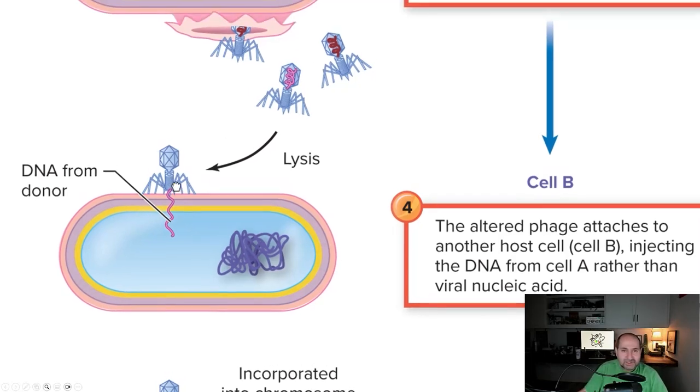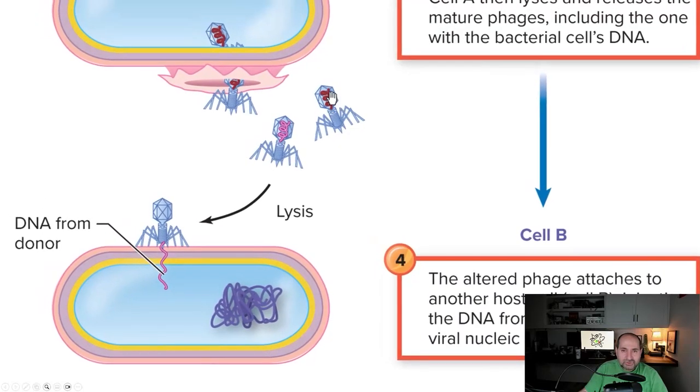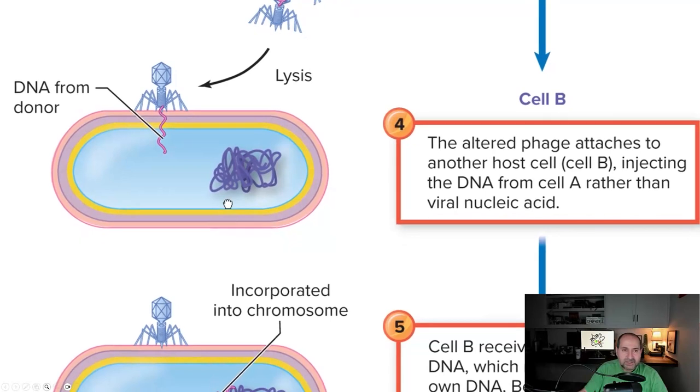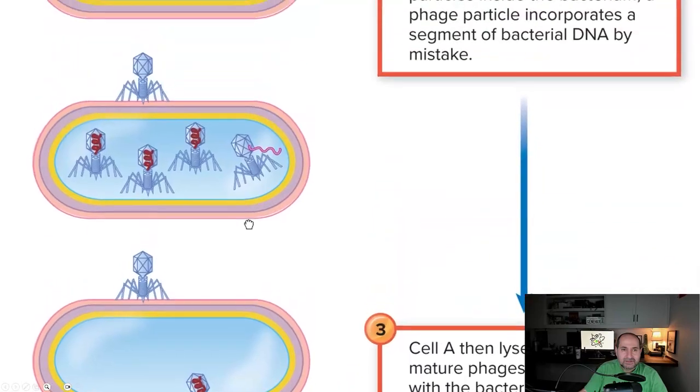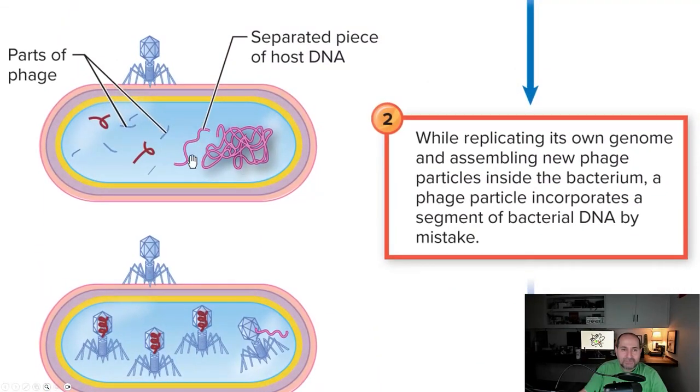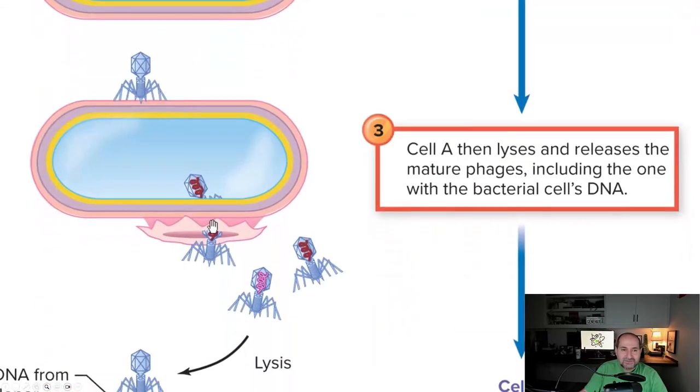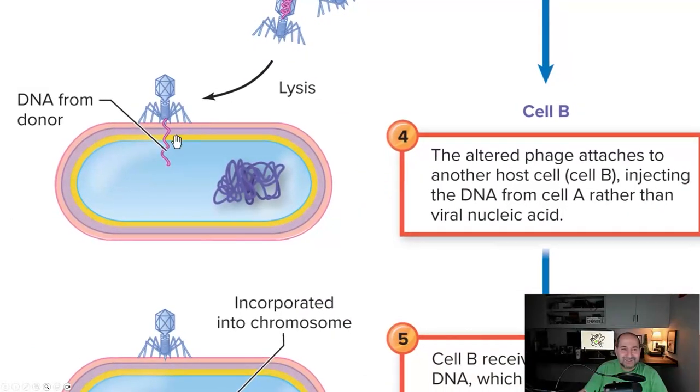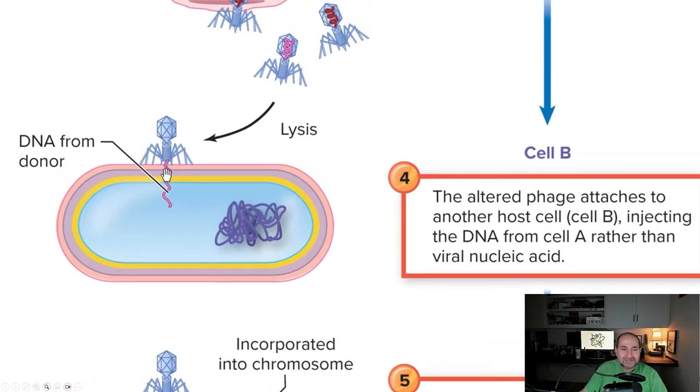And notice, viruses should deliver viral DNA to bacterium. But notice this. Is this virus delivering viral DNA to this bacterium? Or is this virus delivering genomic DNA from the previous donor? It's delivering the wrong cargo. It's not infecting the cell with viral DNA.